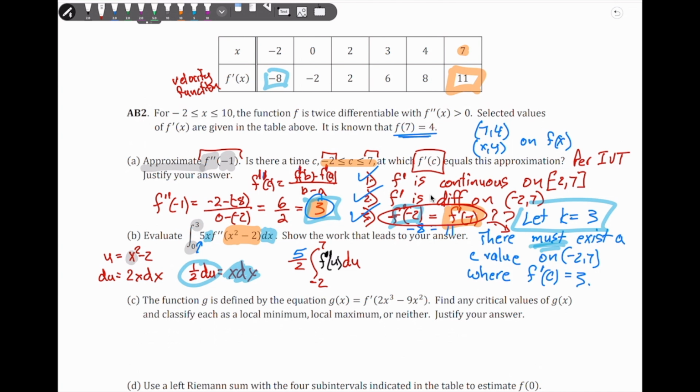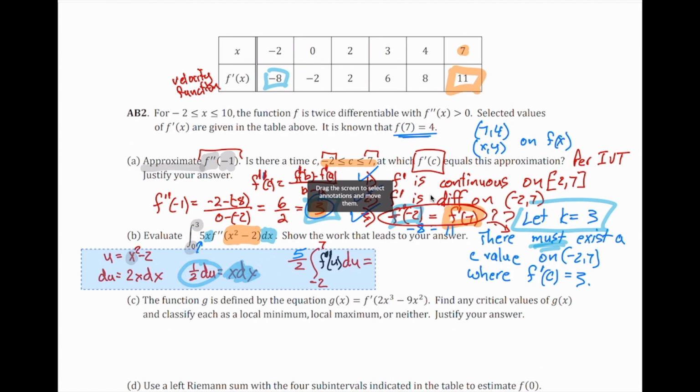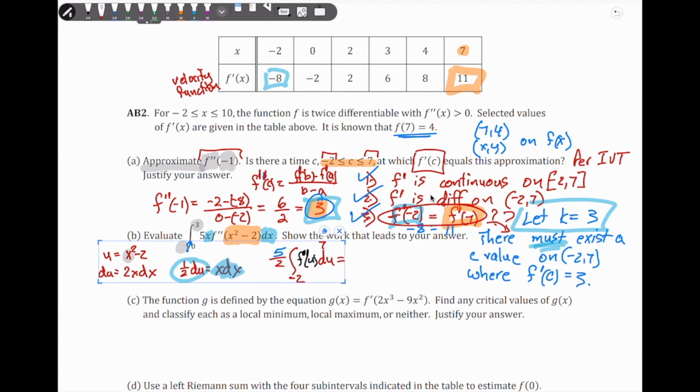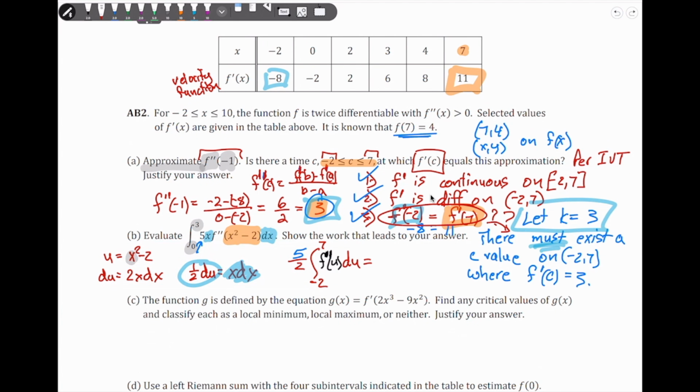Now we're ready to integrate and see what we get. Okay, so the integral of f double prime, let me go ahead and make a little bit more room, is going to be equal to f prime. So we have f prime of u, and this is evaluated from negative 2 to 7 with that constant multiple of 5/2.